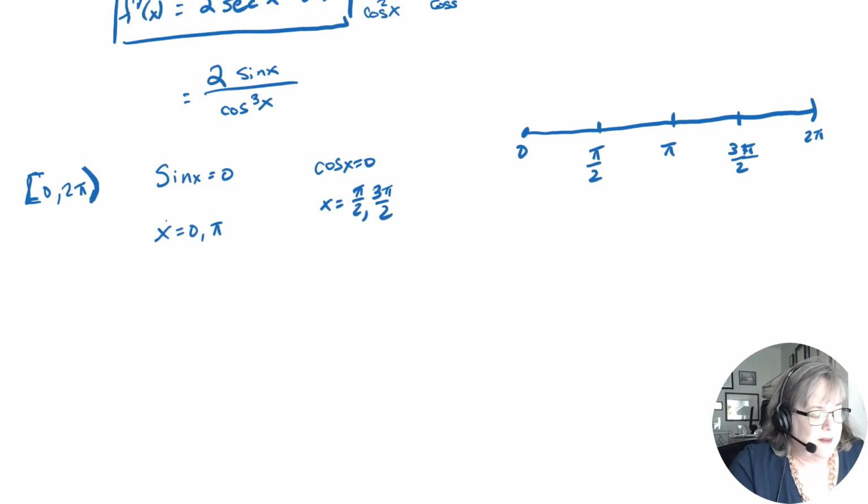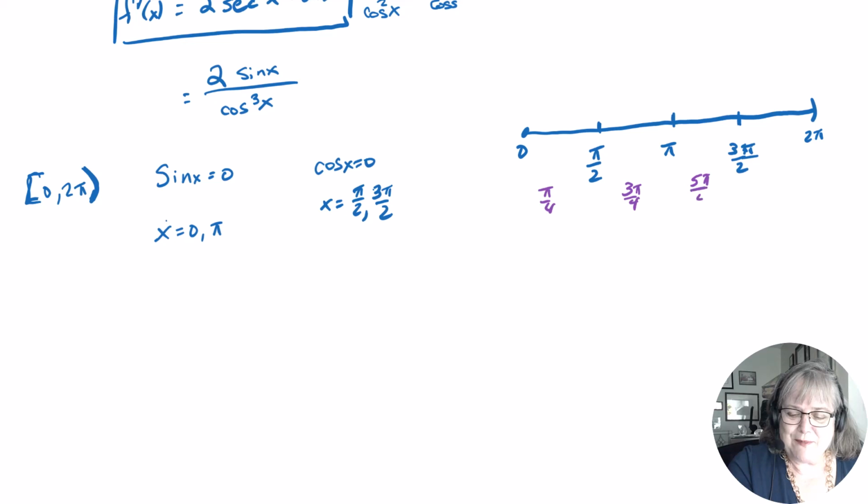Now we need little test points, right? So in between 0 and pi over 2, pi over 4 might be nice. Maybe I'm going to stick with pi over 4 multiples because I'm comfortable with that value for both sine and cosine, and it just makes my life a little easier when they all match.